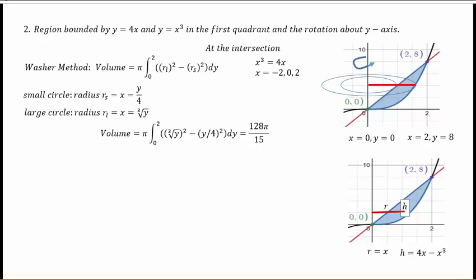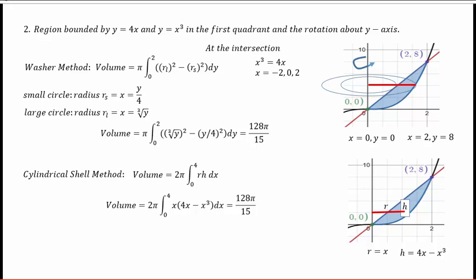The radius is r, which is x, or any point you consider on this bar. The height here is the top graph minus the bottom. So that's your height. Then in the cylindrical shell method you have the formulation, and you simplify; the integral, as we expect, will be the same.